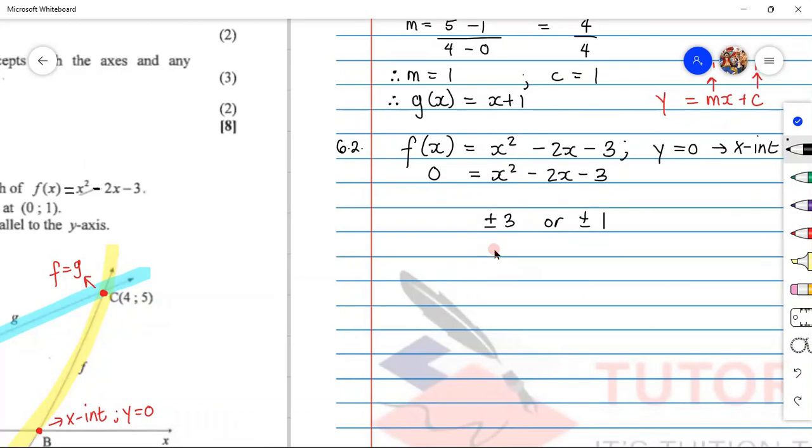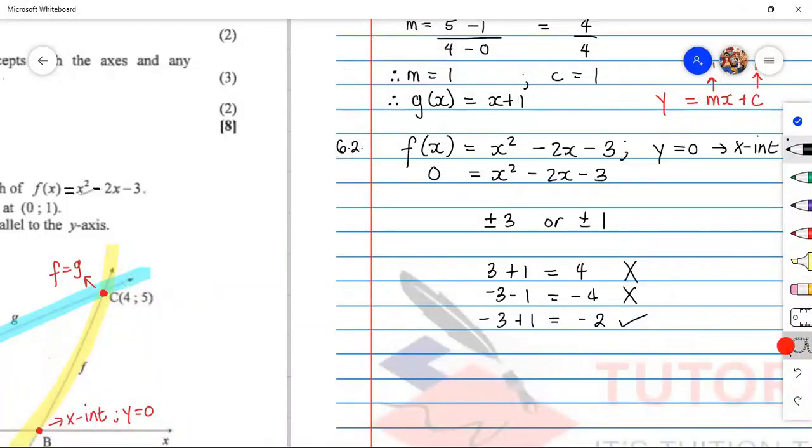So let's add them up. Let's start with positive 3 plus positive 1. That gives us 4, which is wrong. Let's look at negative 3 and negative 1. That's going to give us negative 4, which is wrong. We need negative 2. Now let's change them up. Let's use negative 3 and positive 1. That gives us negative 2. So that is correct.